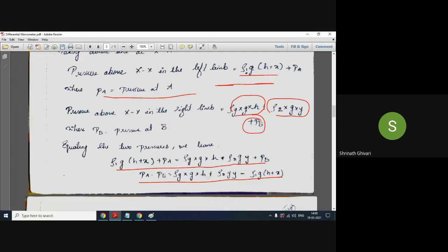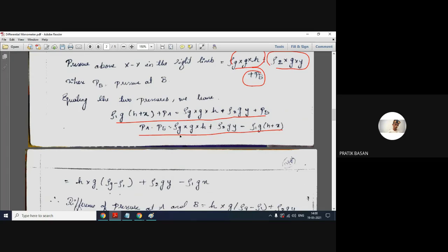Any one of you? Yes, sir. What have you got? This much: rho g gh plus rho 2 gy minus rho 1 gx. So at the end you are getting this one. Is this right or wrong?